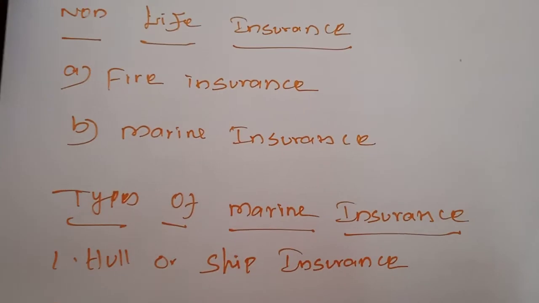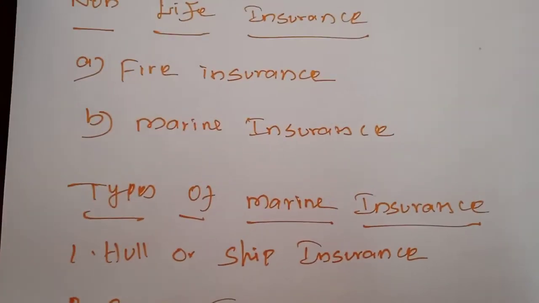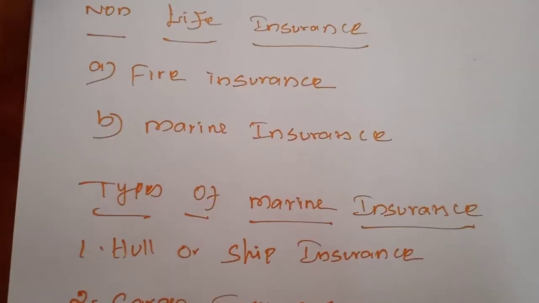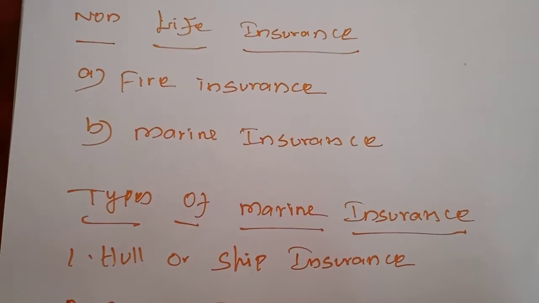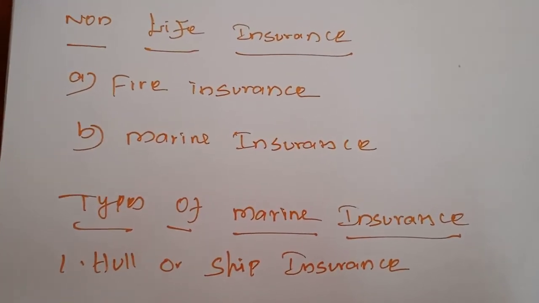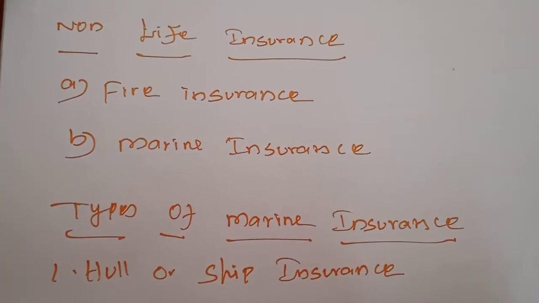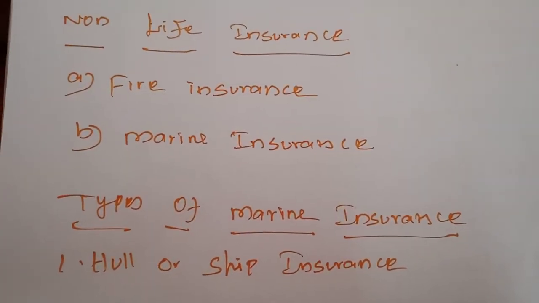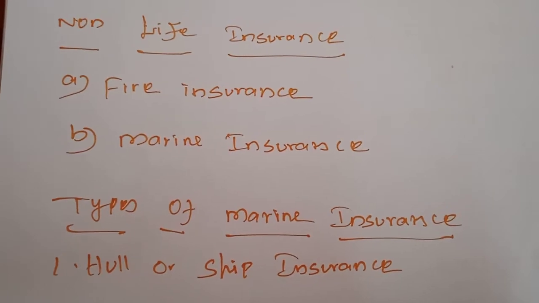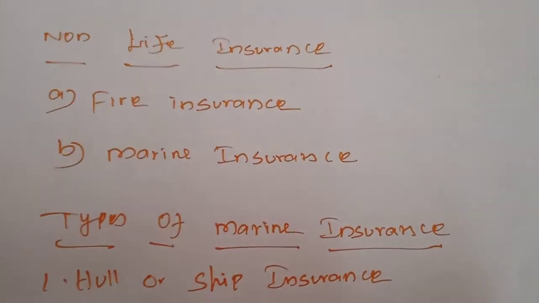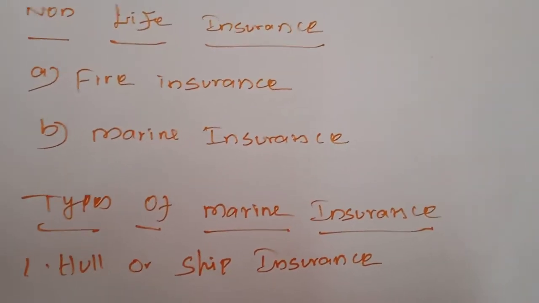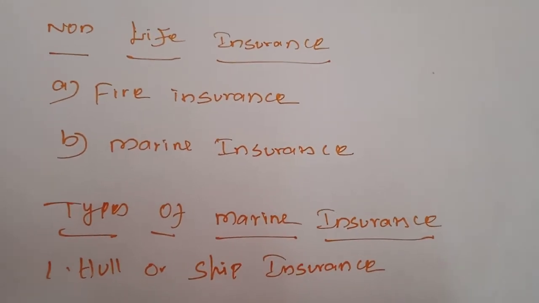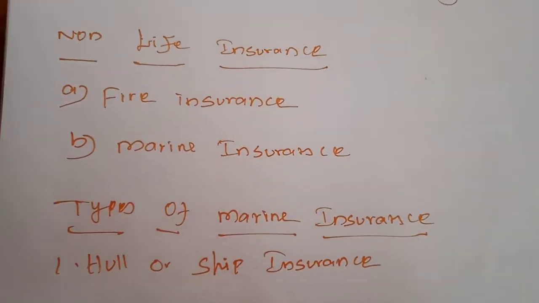Next, marine insurance. Marine insurance is a contract of insurance under which the insurer undertakes to indemnify the insured, in the manner and to the extent agreed, against marine losses. Many ships go into the sea, and marine owners are exposed to different types of losses.